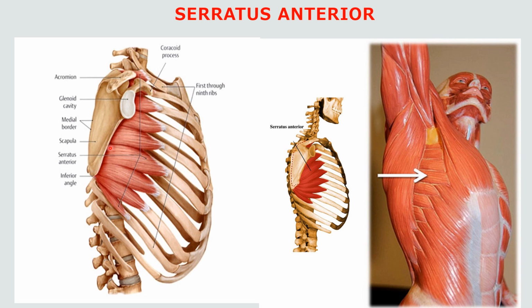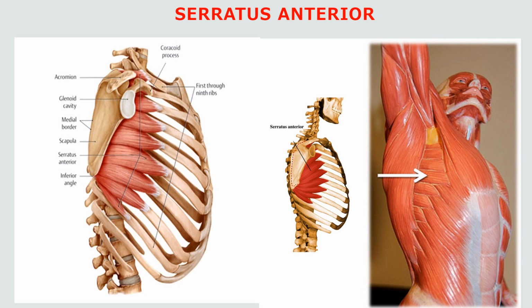I have already told you the serratus anterior insertion in the scapula. The first digitation is attached to the area from the superior angle to the root of the spine of the scapula.